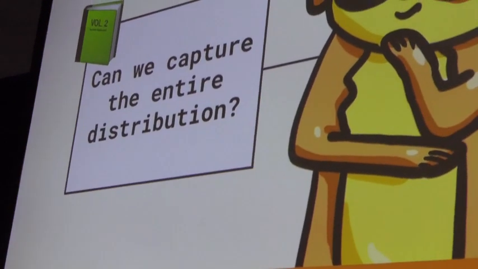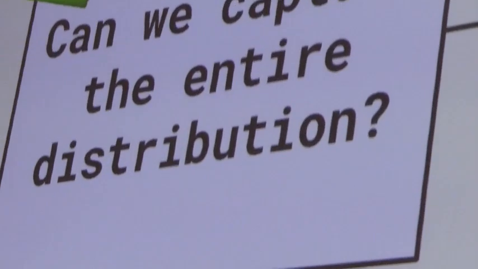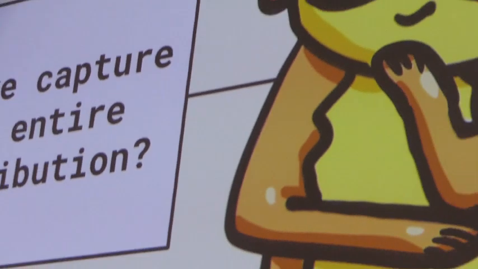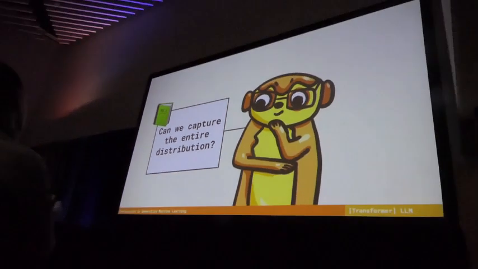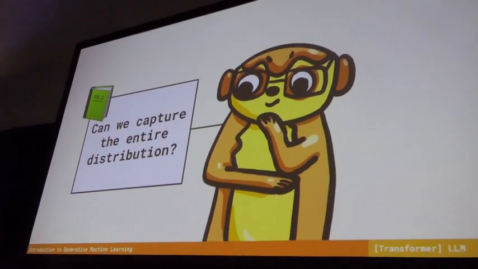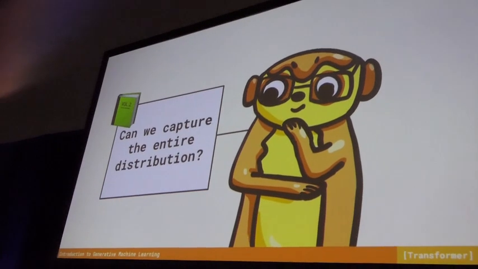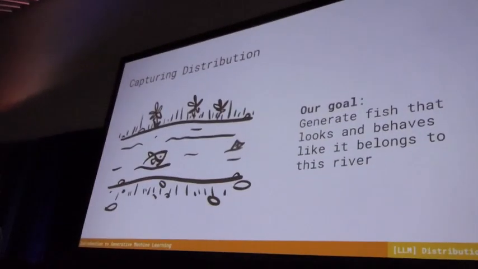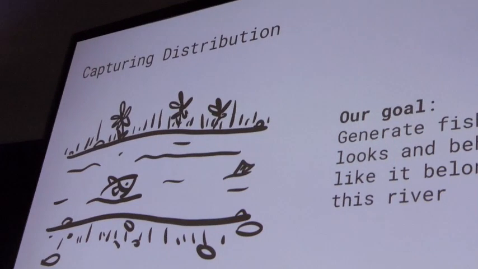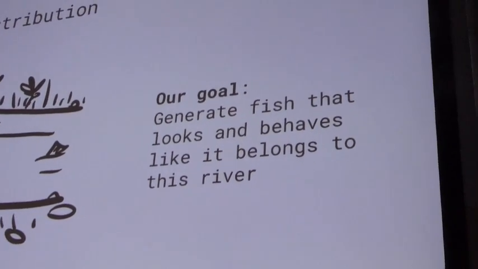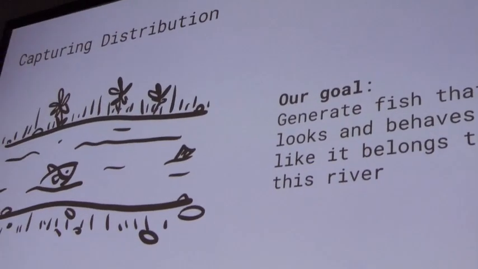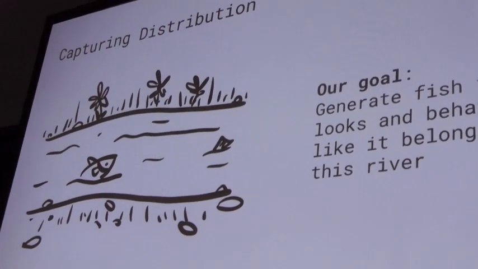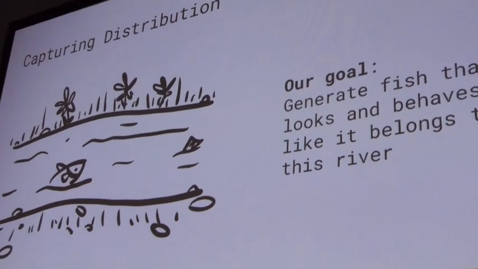And so far, we are assuming that we can accurately capture the entire distribution to perform the search and get the most likely next word. But is that the case in practice? In reality, it is difficult to capture the entire distribution. Take the example here and imagine now we want to generate fish that looks and behaves like it belongs to a very specific river.